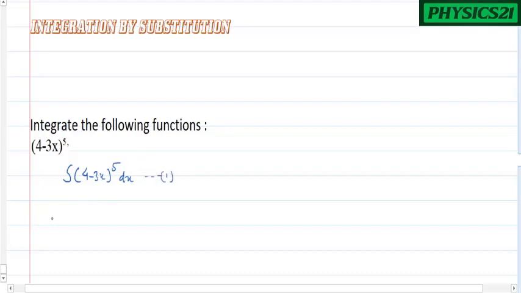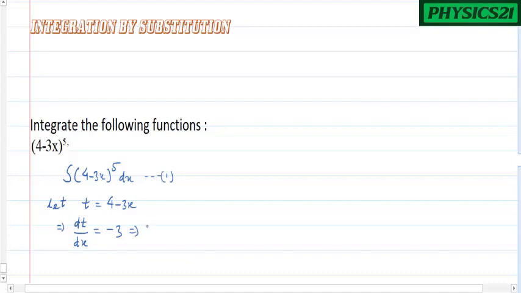Here to simplify this integration, we use substitution. So substitution, let t is equal to 4 minus 3x. The next step, find dt divided by dx, that is minus 3 only.